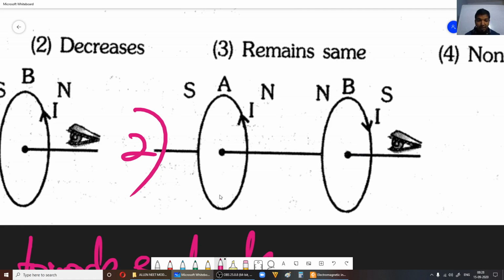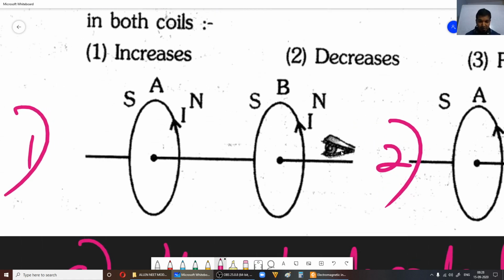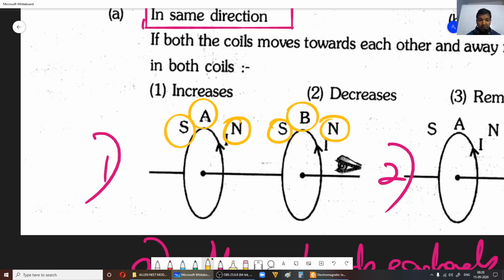If you consider diagram number 2. In diagram 1, both the currents are in the anti-clockwise sense with respect to the observer. Okay, see here they have named the coils coil A and coil B. And this N and S actually mean the north and south poles with respect to the current flowing here.